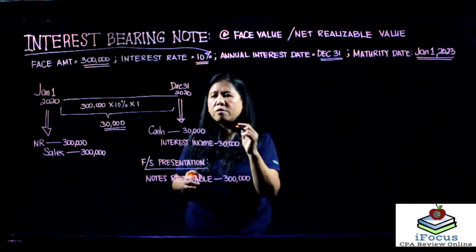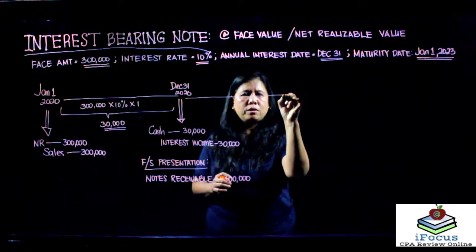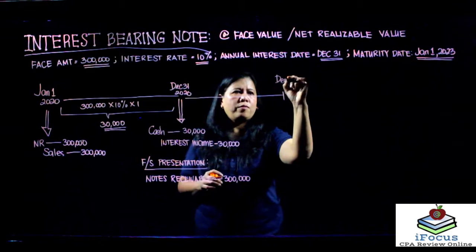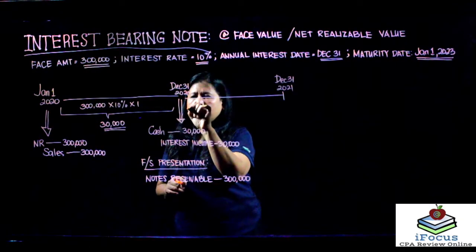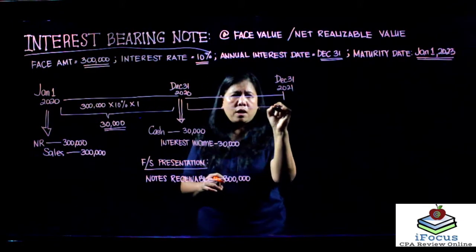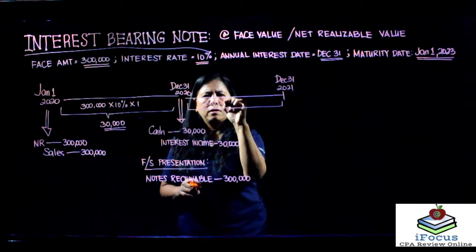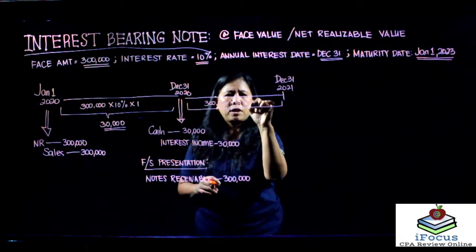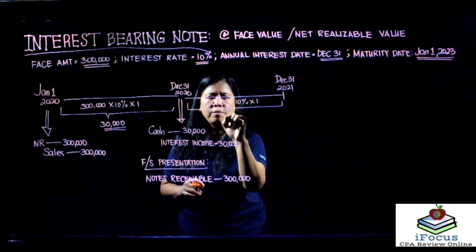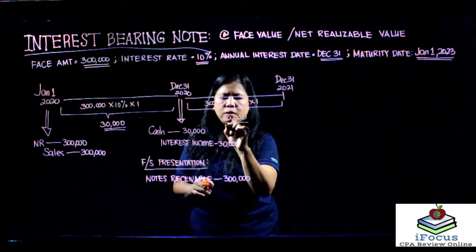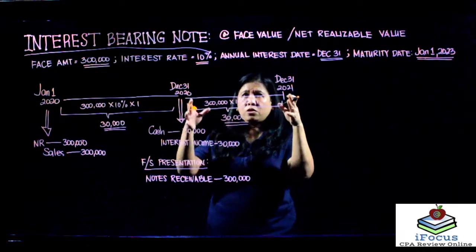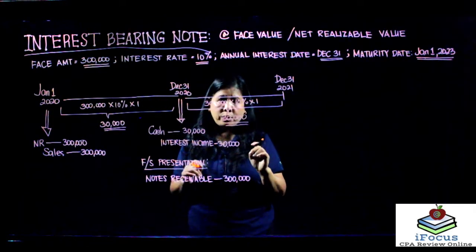Second year of this promissory note, December, our interest will be the same computation. So we have 300,000 times 10% times 1. So we have 30,000 interest income on the second year of this interest-bearing note.